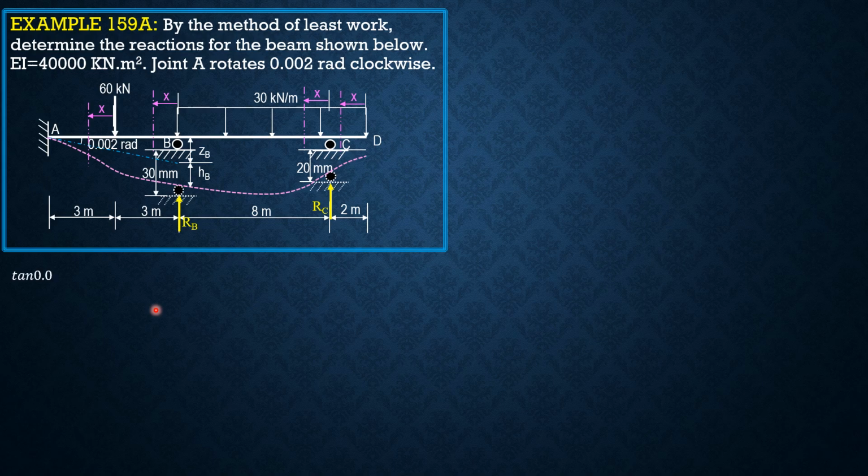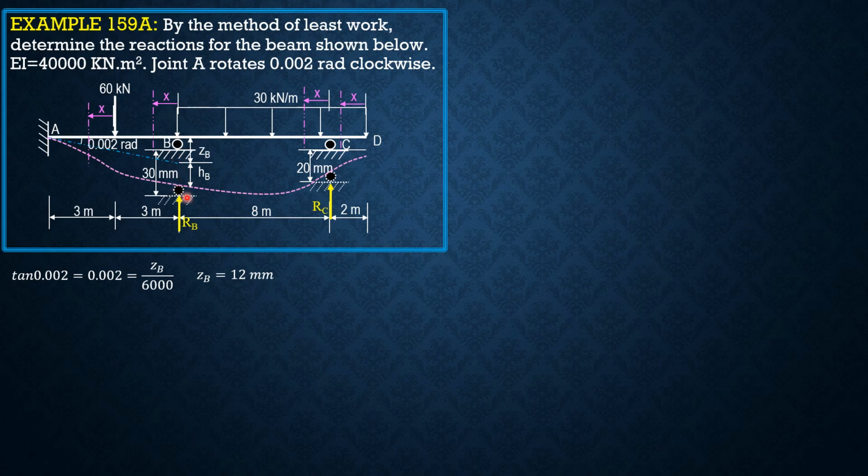From the figure, tangent of 0.002 radians is 0.002 radian itself equals opposite G sub B over 6 meters or 6,000 mm. So G sub B is equal to 12 mm. Since the settlement or the movement of support B is 30 mm downward, and G sub B is only 12 mm, then H sub B is 30 minus 12, so H sub B is 18 mm downward.